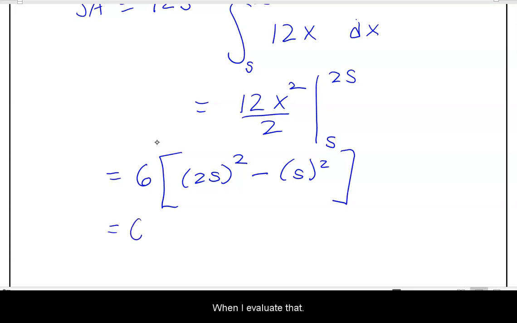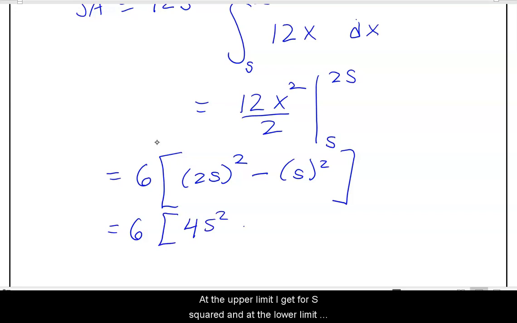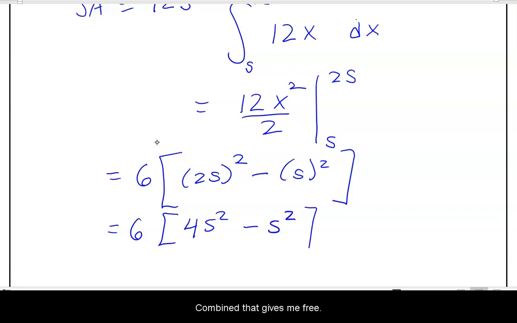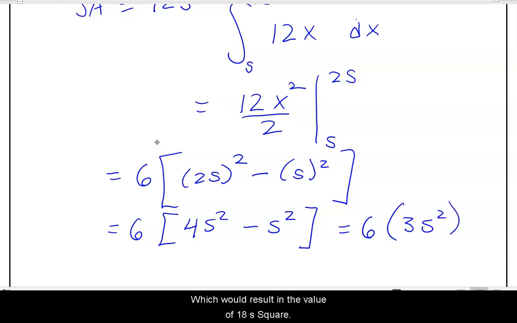When I evaluate that, at the upper limit, I get 4s squared, and at the lower limit, I get 1s squared. Combined, that gives me 3s squared, which would result in the value of 18s squared.